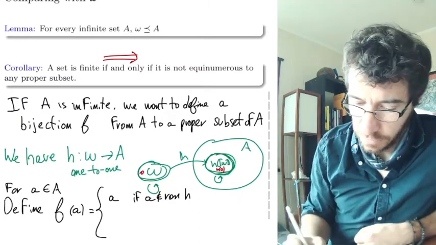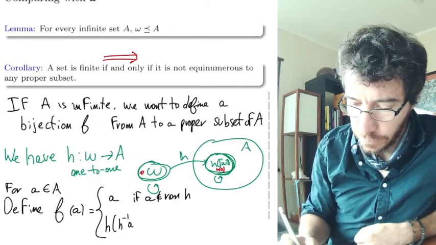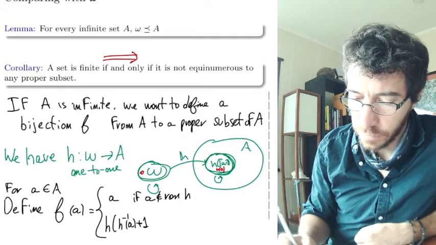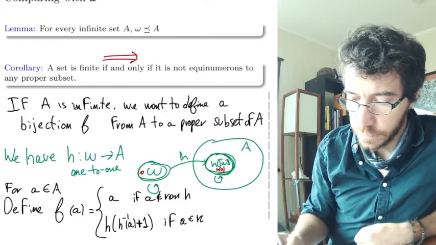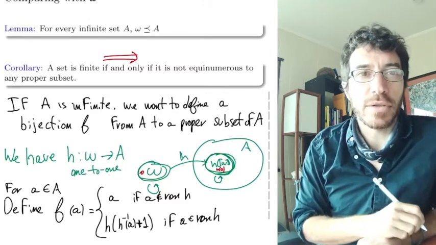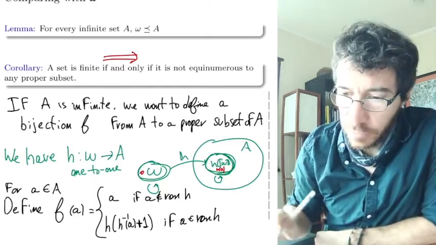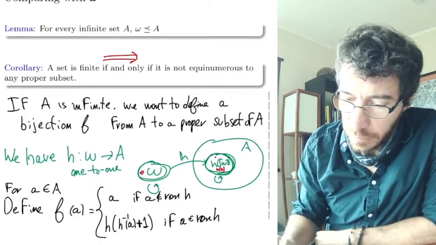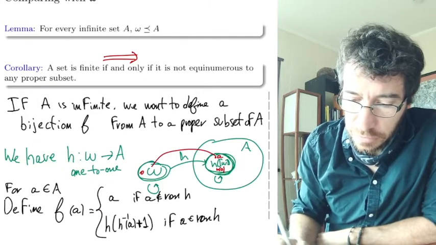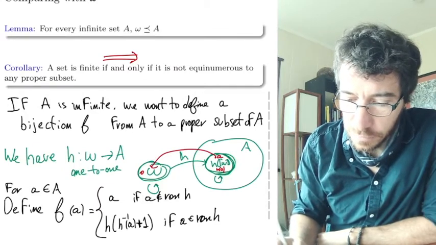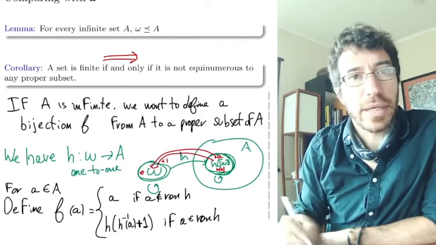So we're going to let it be H of H inverse of a plus 1 if a belongs to the range of H. Remember that H is 1-to-1, so if you belong to the range, you can take the pre-image, right? So what we're saying here is that if you're taking an element from up here, if this is your a, we are going back here, taking the inverse, then adding 1, and then we go back, right? And we get something else.